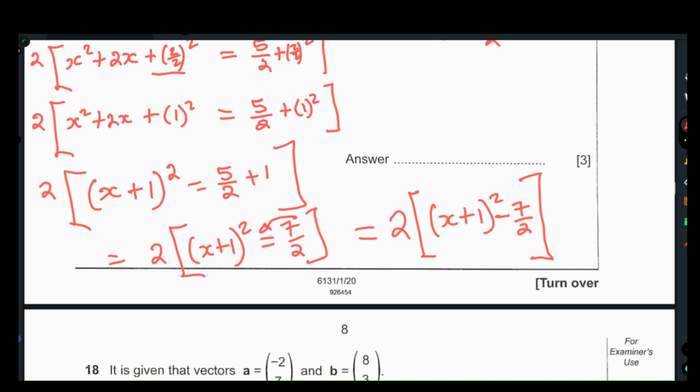So we're just left with 2 times all of that inside the square brackets.